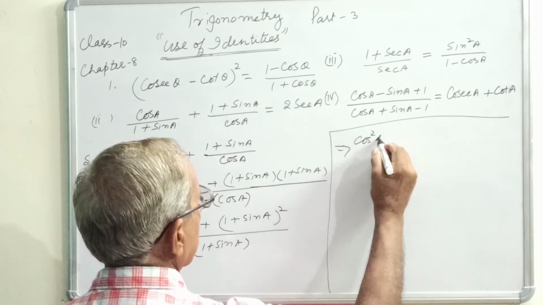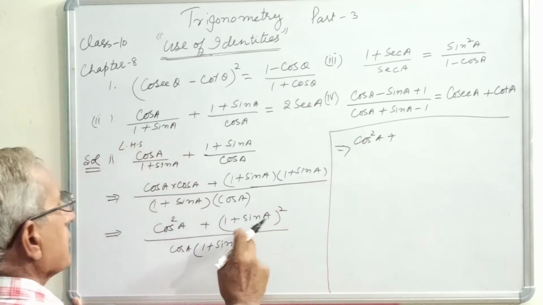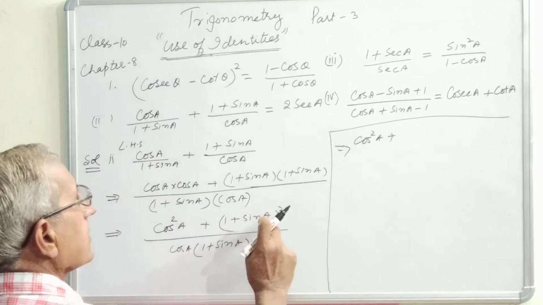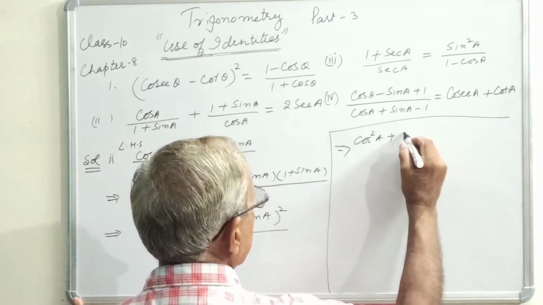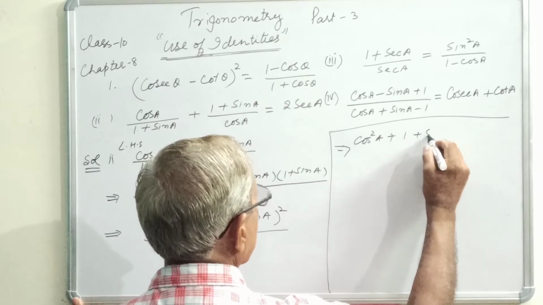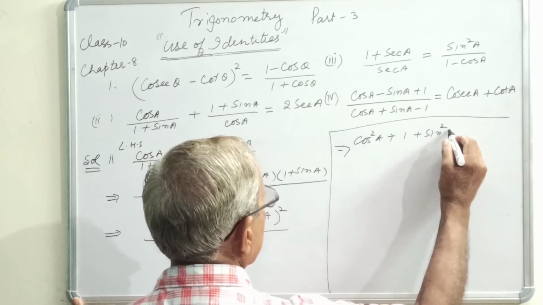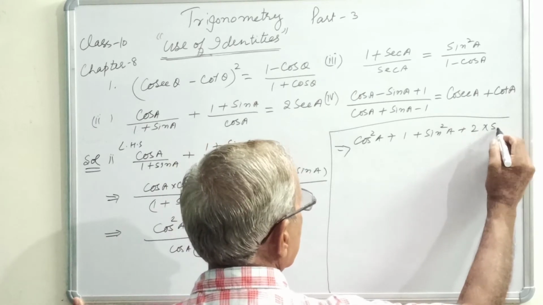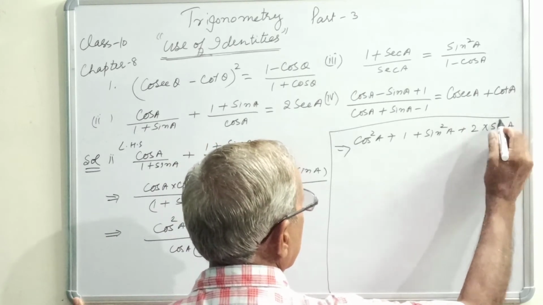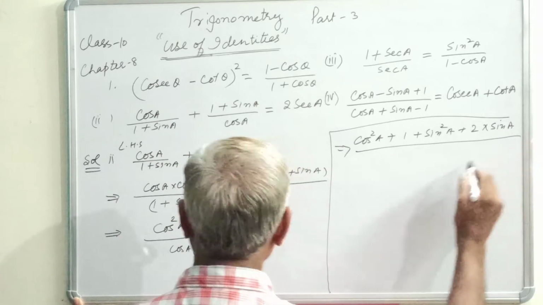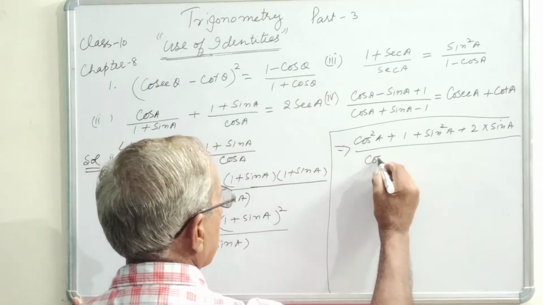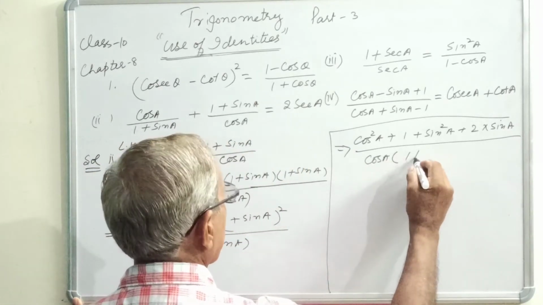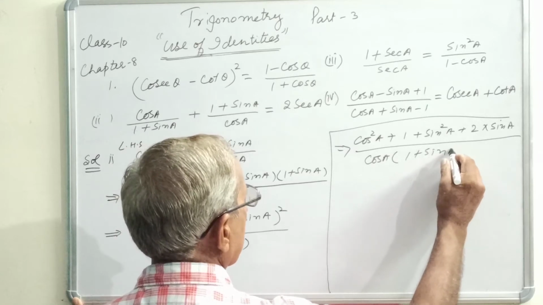Cos square A plus, so squaring 1 plus sin A, that will be square of 1 plus square of sin A, that is sin square A, plus 2 into 1 into sin A, that is 2 sin A. And the denominator is cos A into (1 plus sin A).